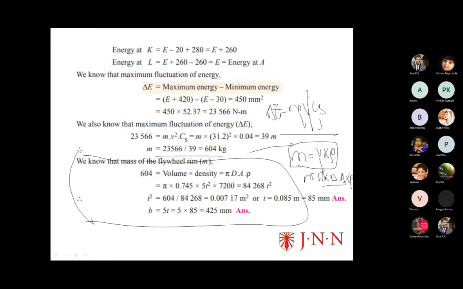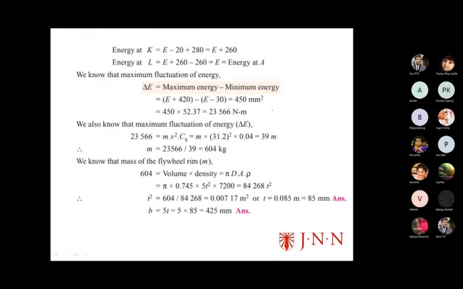But volume value is not given. If it is given, take the direct value. If not given, what is the formula for volume? Volume means pi, the peripheral circumference, pi into diameter into area, right?